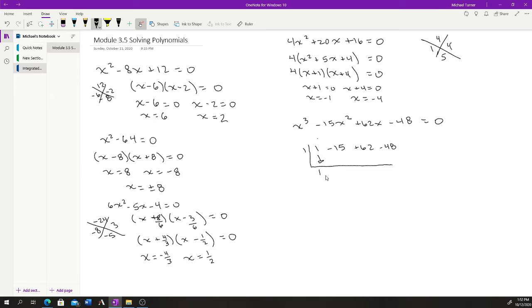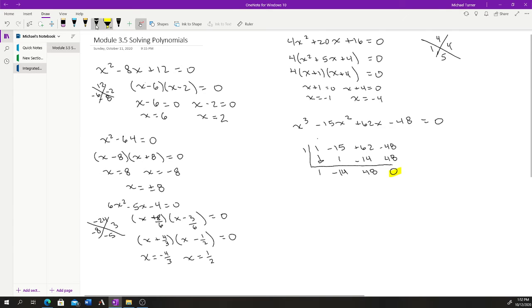And so we're going to multiply 1 times 1. Add straight down, and repeat. 1 times -14, add straight down. 1 times 48, add straight down. And getting a 0 here at the end, that's what we want, because that means I have a remainder of 0 when I did the synthetic division.